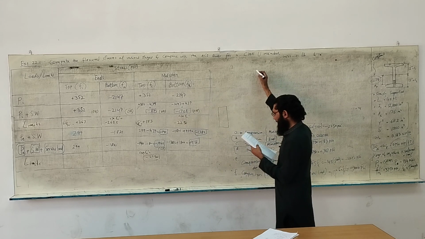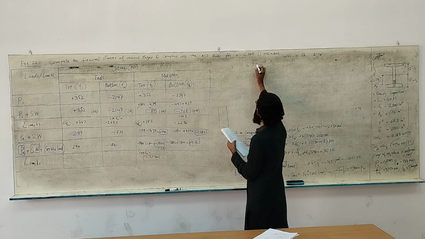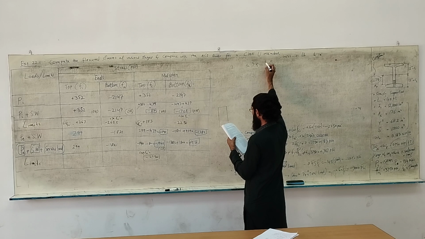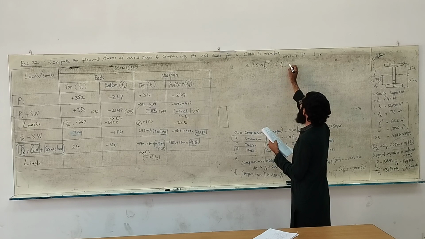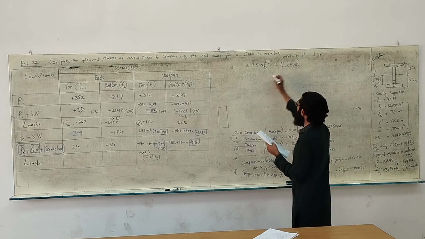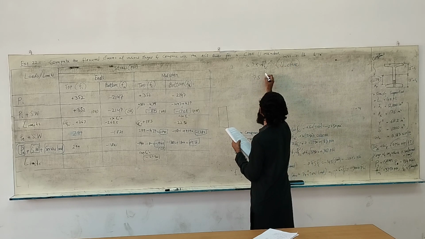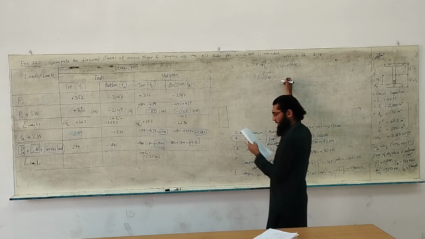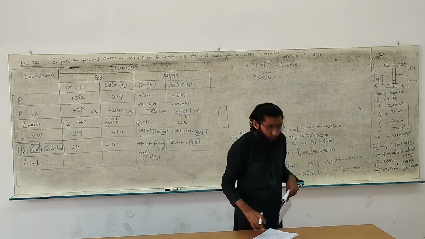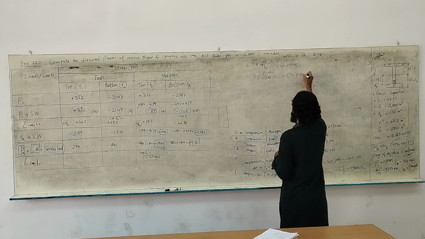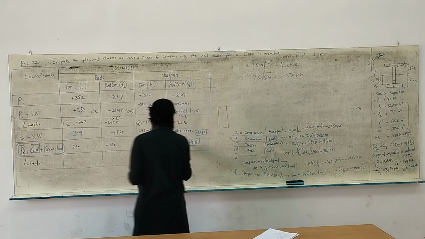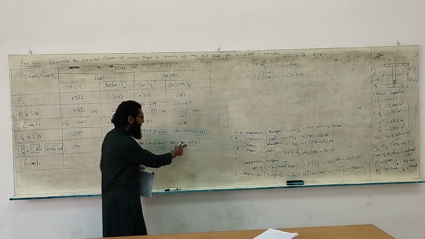Okay, so this limit is 7.5 under root of fc prime for uncracked member, okay, U class member. So this is 7.5 into under root of 5000, and this limit is 530 psi, and we are having 418 psi.